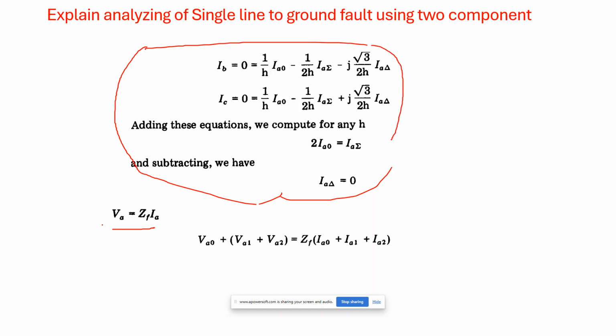Okay, now one more equation we have here, VA is equal to ZF into I, so we can write it. What is VA? VA we can write as VA naught plus VA1 plus VA2, equal to ZF, and IA is equal to IA naught plus IA1 plus IA2.